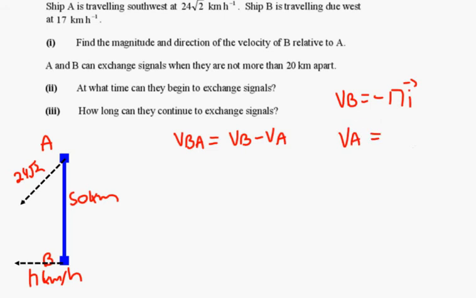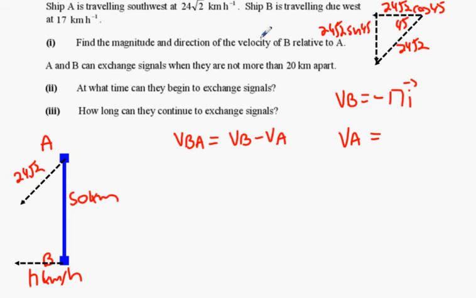v A has to be broken up into its components. So it's going this way at 45 degrees, and it's going 24 root 2, yeah? So it's going to be 24 root 2 cos 45 and 24 root 2 sine 45.